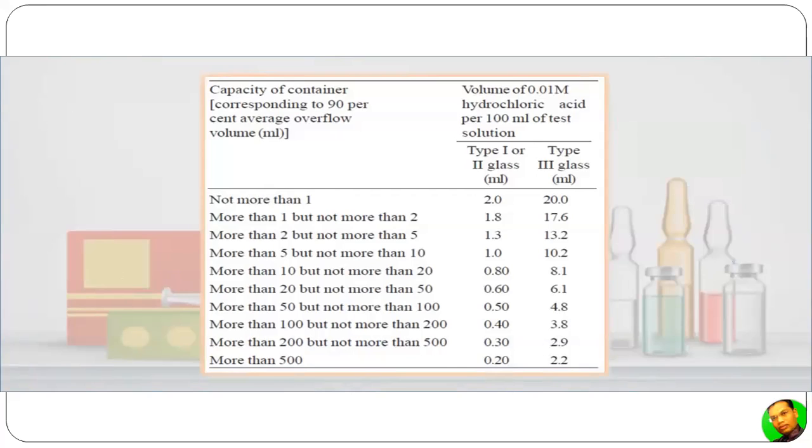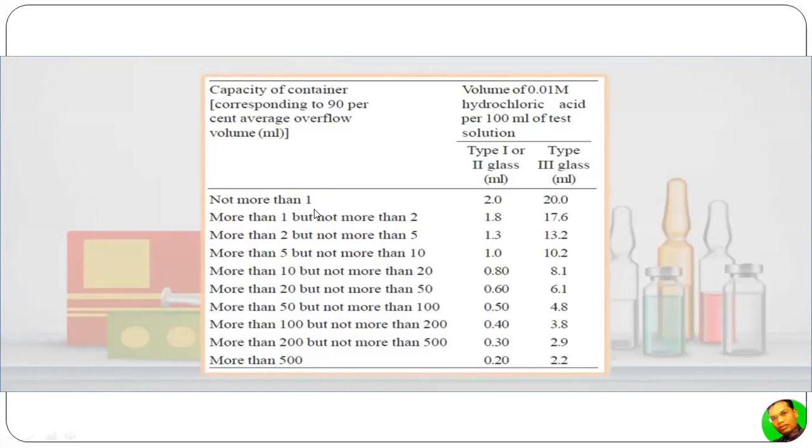Based on the capacity of the container, corresponding to the 90% average overflow volume per ml, the volume of 0.01 molar hydrochloric acid per 100 ml of test solution should not be more than 1. For type 1 or type 2 glass the maximum volume to be used is 2 ml, and for type 3 glass the volume should be 20 ml.